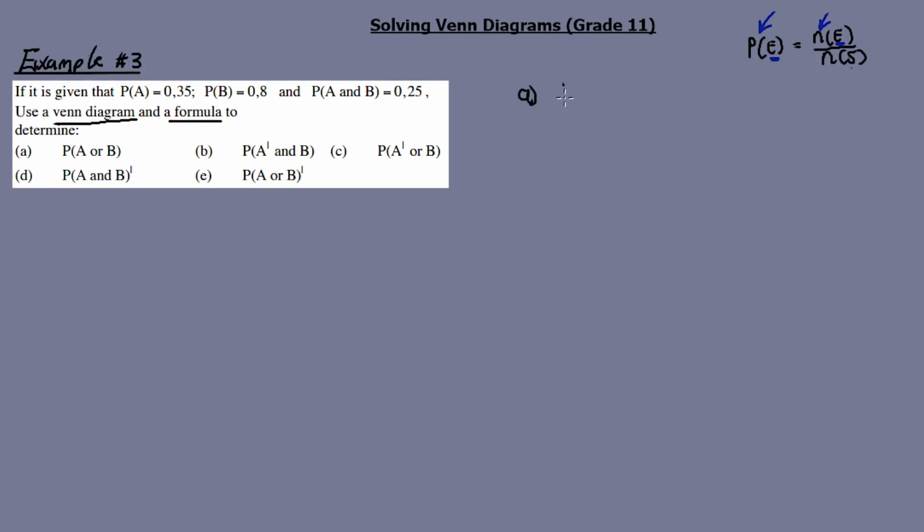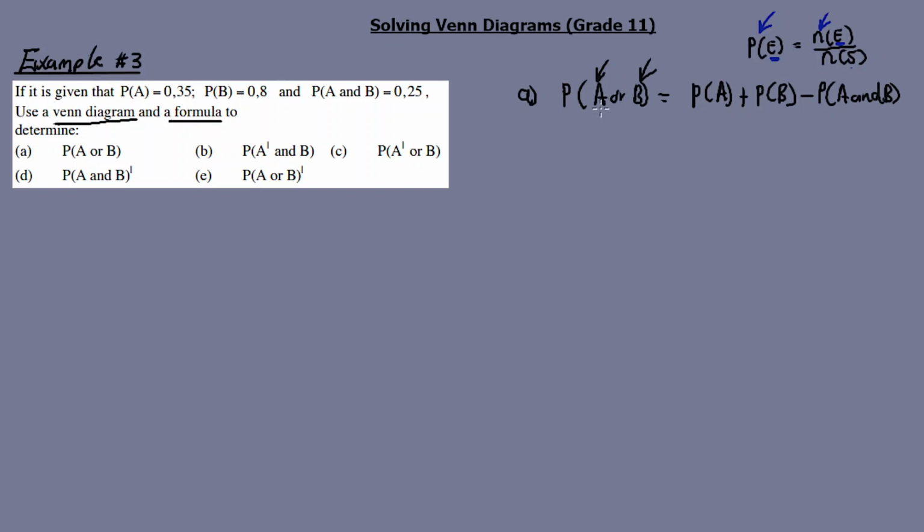We have formulas in probability. The probability of A or B is equal to the probability of A plus the probability of B, minus the probability of A and B. By the way, it doesn't always mean A and B; it depends on the events you are given.